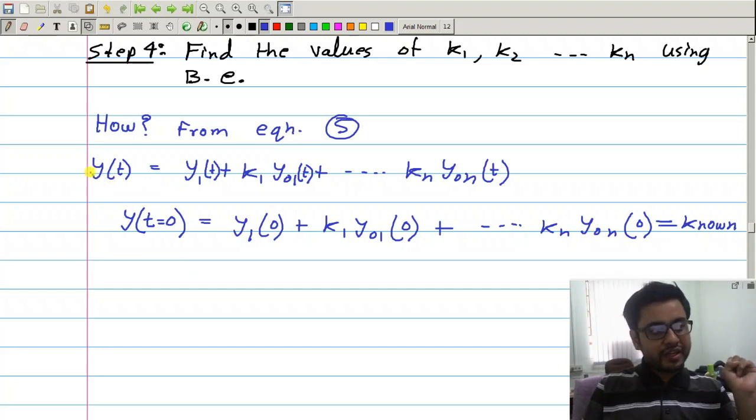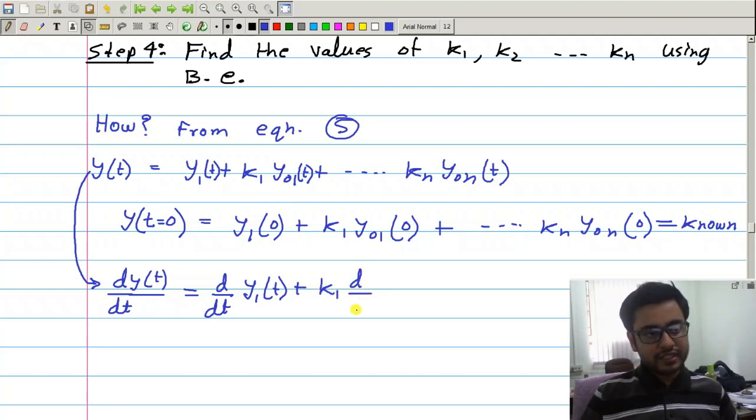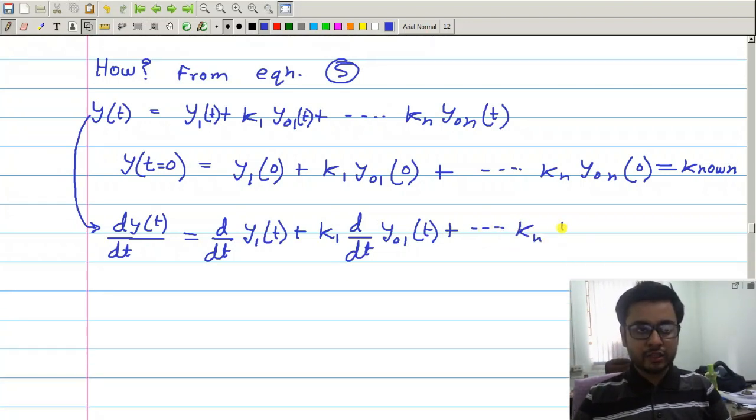Next, from here, let us differentiate this equation and write dy/dt is equal to d/dt of y1 plus k1 times d/dt of this term y01 plus other terms up to kn d/dt of y0n.